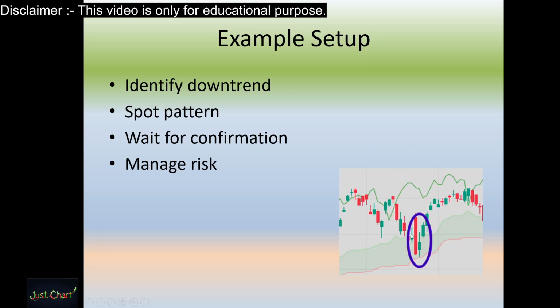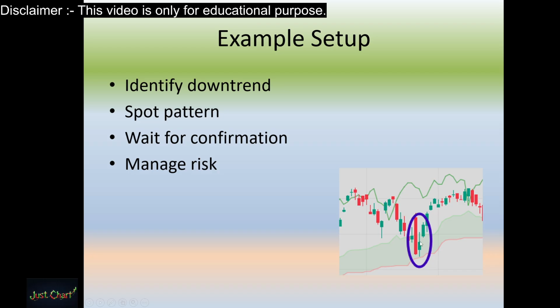The example is already explained. The first thing is to identify whether it's the bullish Harami pattern. Then we need the confirmation. Once we have the confirmation on the resistance level, the second thing is volume, and along with that the RSI or MACD indicator.